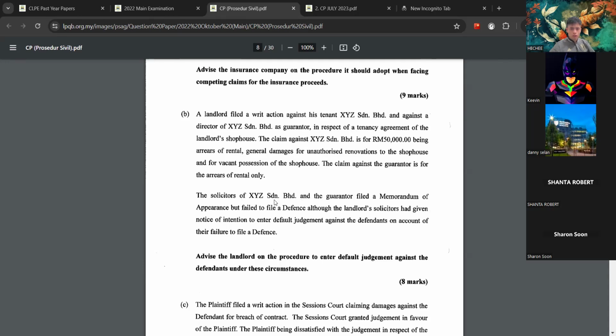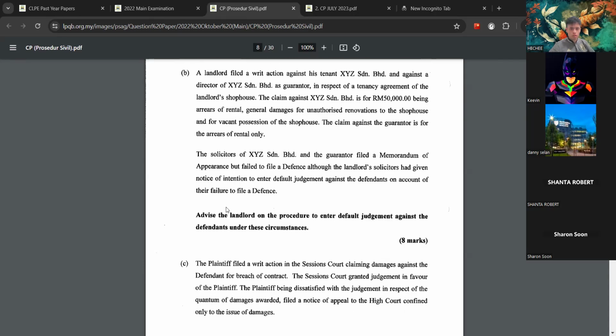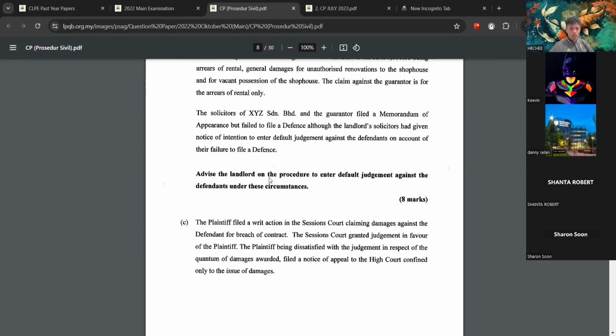Solicitor of XYZ and the guarantor filed memorandum of appearance but failed to file a defense, although the landlord's solicitor had given notice of intention to enter default judgment against the defendants on account of their failure to file a defense. Advise the landlord on the procedure to enter default judgment against the defendants.